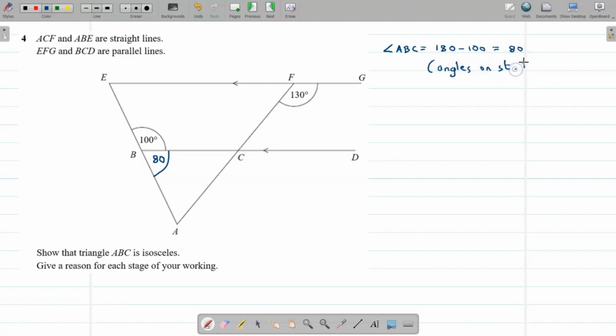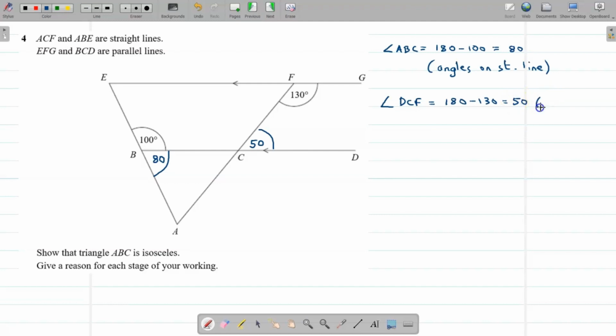Okay, now you have to give reasons if it asks you to, otherwise you won't get the marks. So we've got one angle in the triangle. Now we could use the fact that this angle here is 50, and we know that because it's co-interior with this one. Okay, so angle DCF equals 180 minus 130, which is 50.